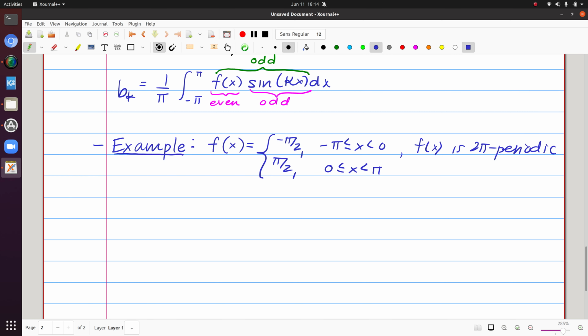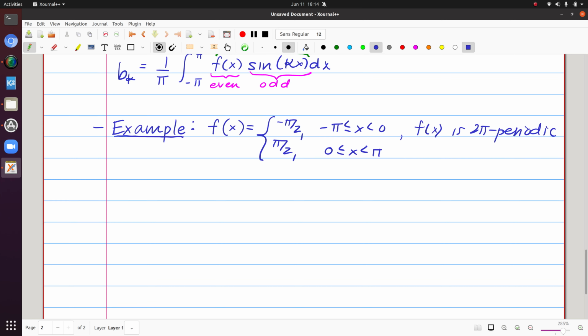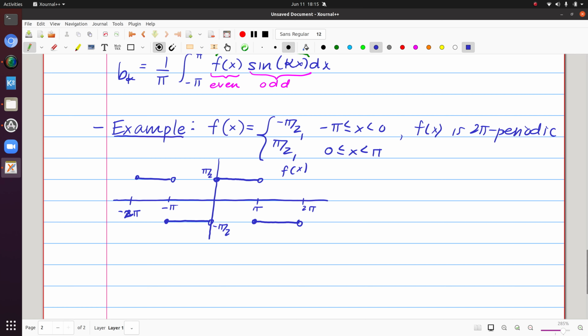So this allowed us to conceive of the graph here, and all I want to do is just sketch it. So the graph, as we saw before, looks like this, and then because we're told that it's 2 pi periodic, we can extend that as far as we need to. So this is the graph of f of x.